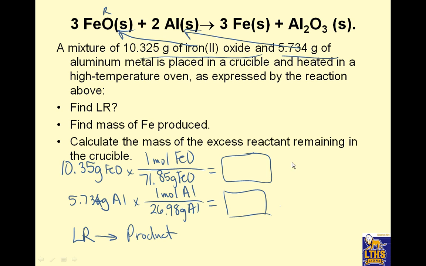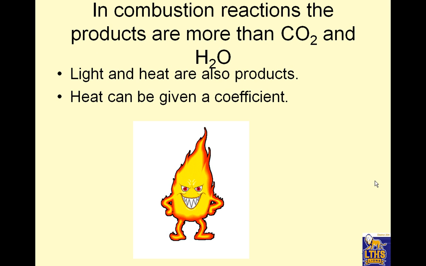And then subtract: available excess reagent minus used up required gives you moles of excess. All right. And then once you have moles of excess, you can change it into grams. All right. So that's how you do it. I will work through this one in class. So leave space in your notes for that.